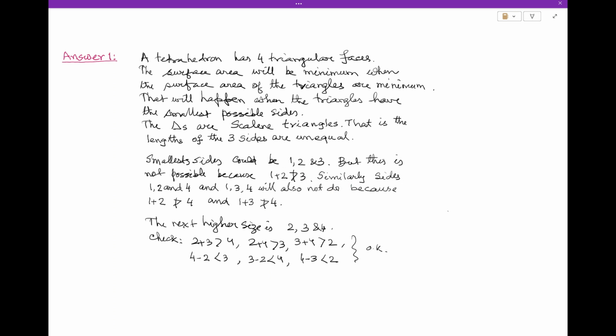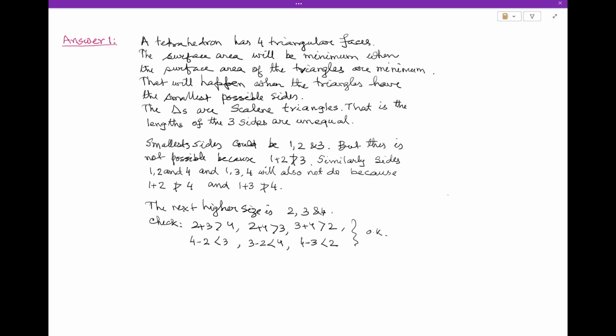Similarly, sides 1, 2 and 4 and 1, 3 and 4 will also not do because 1 plus 2 is not greater than 4 and 1 plus 3 is also not greater than 4. The next higher size is 2, 3 and 4.